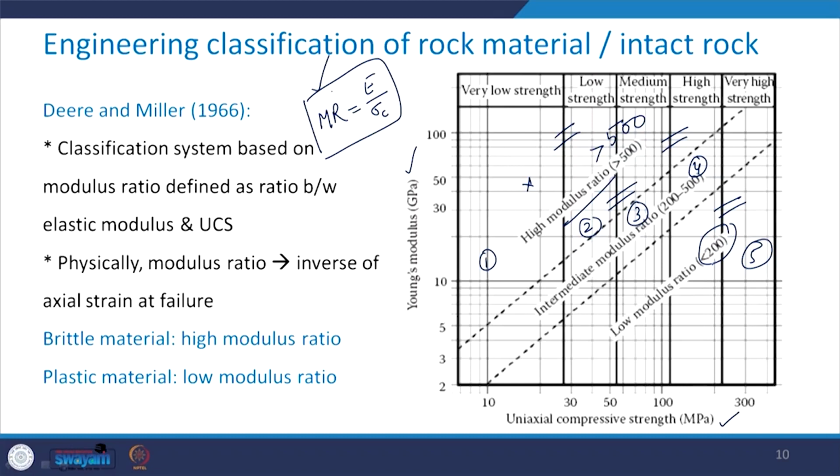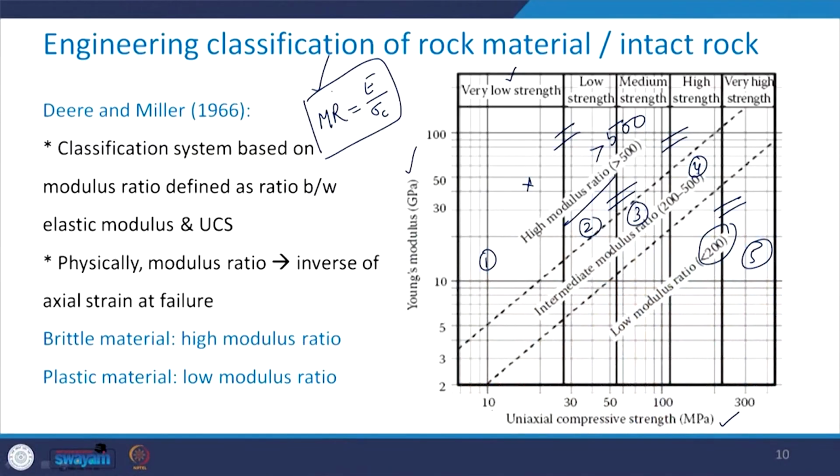Okay, so these signify very low strength. When I say very low strength, what do I mean? Here we are doing it with respect to UCS. The UCS is somewhere in between, because this is a log scale.